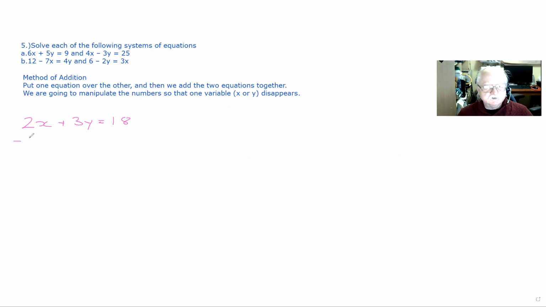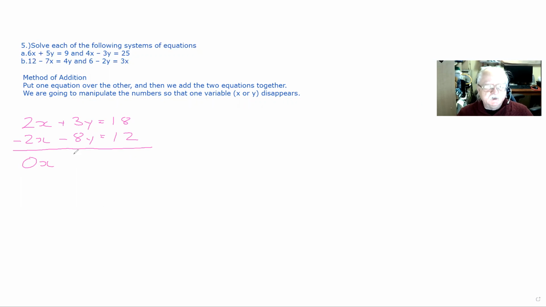And the other equation is negative 2x take away 8y equals 12. But at this point, if we add these two equations, notice 2 and negative 2 disappear.